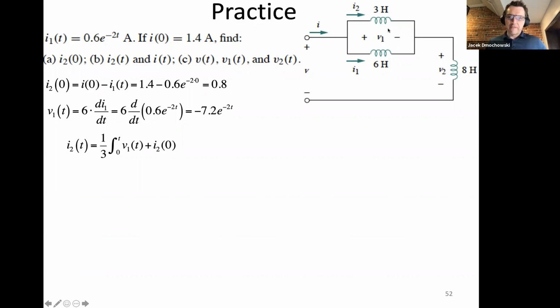Now is when you integrate the voltage to get the current. The integral of V1 from 0 to t, divided by the inductance, plus the initial condition, gives you I2 of t. So let's integrate this expression.